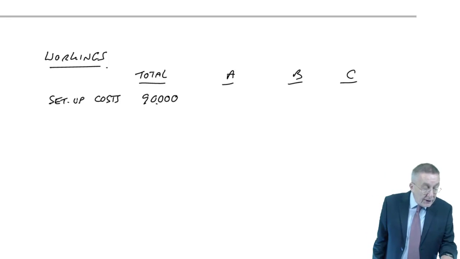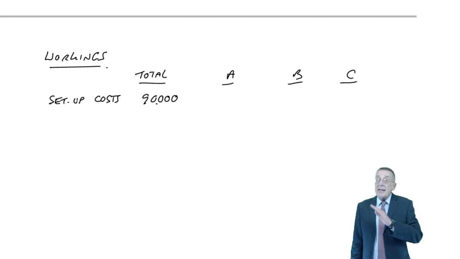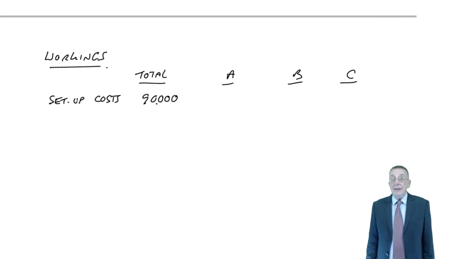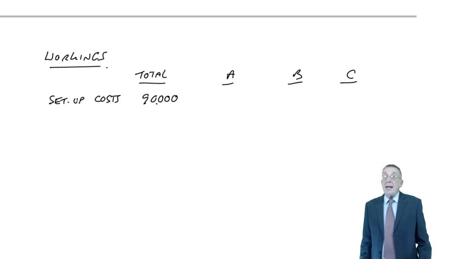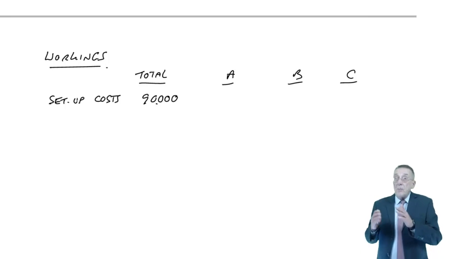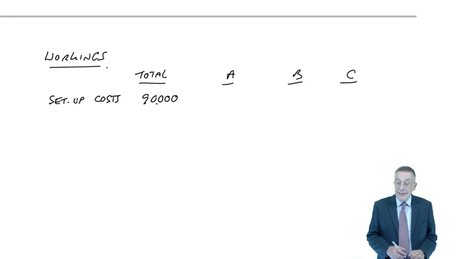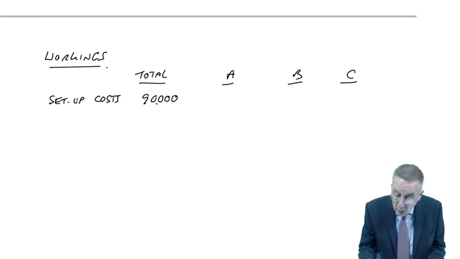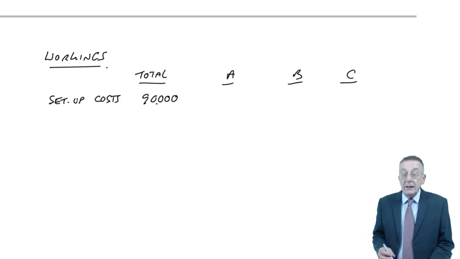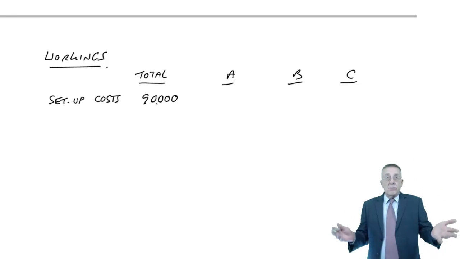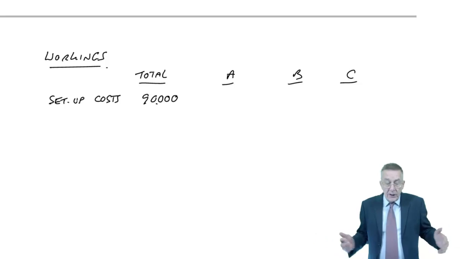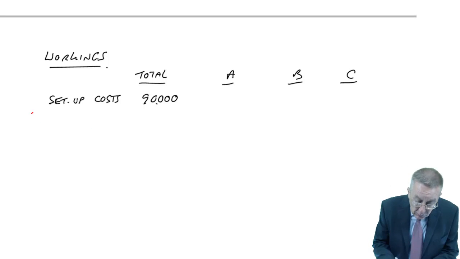Well, if you look at what we call cost driver data, they're telling us how many times we're setting up. And so wouldn't it be sensible to charge that 90,000 depending on how many times we're setting up the machines for each of the three products? And so what we'll do, we will absorb it, but rather than waste our labour hours which have nothing to do with it, we'll work out the cost per setup.